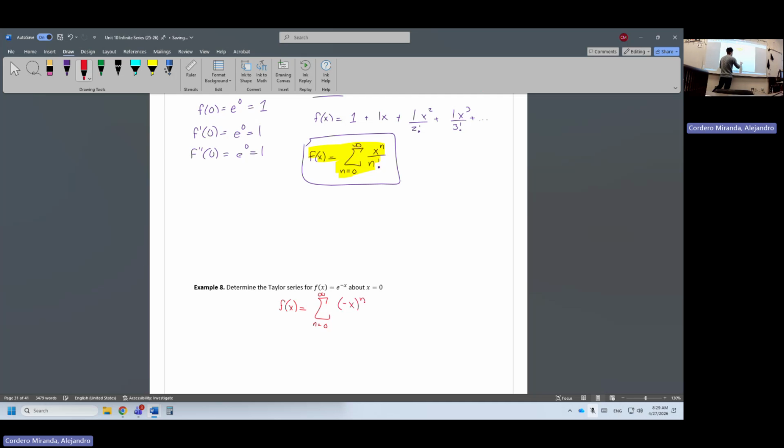Negative x to the n over n factorial, and boom, there you go, you got your answer. Or if you wanted to, you can make it really clear that this is the same thing as negative 1 to the n times x to the n over n factorial.